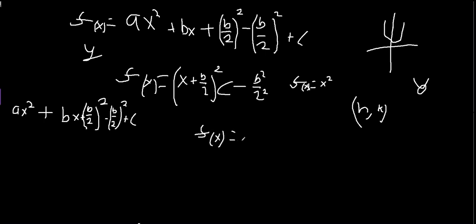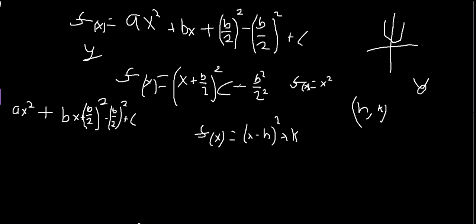And the standard form for a parabola equation, right, is x minus h, squared, plus k. So we don't need to plug in a bunch of numbers to know where this lies.